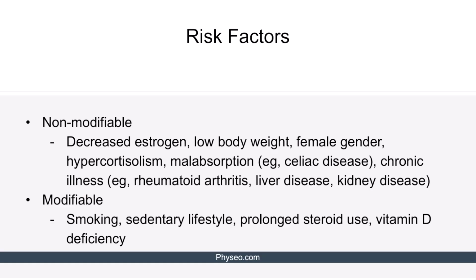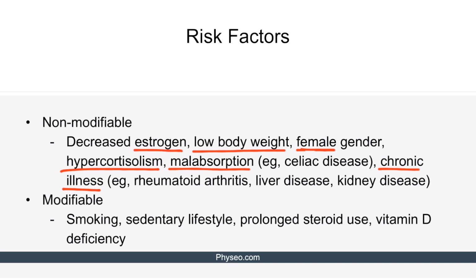As far as risk factors go, we've tried to boil this down to the most relevant within the categories of non-modifiable, or those things that the patient doesn't really have complete control over. And then there's modifiable, which are those areas that the patient can directly impact. Now, decreased estrogen due to any cause, low body weight, female gender, hypercortisolism, malabsorption from something like celiac disease, and chronic illnesses such as rheumatoid arthritis, liver disease, and kidney disease are examples of non-modifiable risk factors.